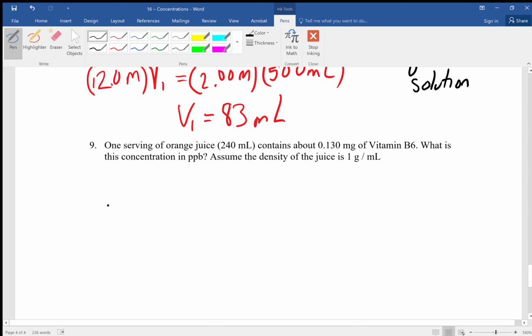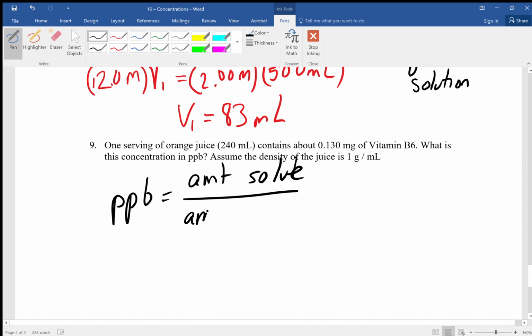So parts per billion is the amount of solute over the amount of the solvent times 10 to the 9th. So the amount of the solute is the vitamin B6. That's 0.130 milligrams.